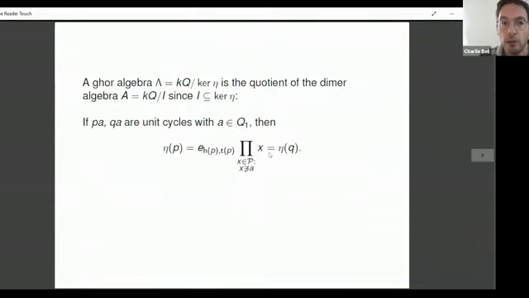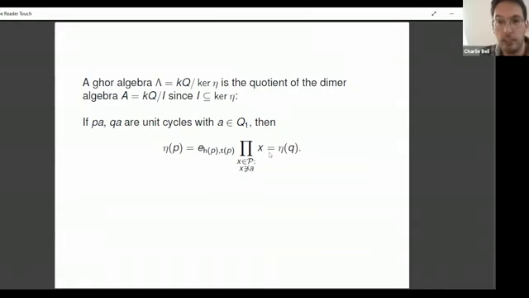A core algebra is then the quotient of a dimer algebra because the dimer algebra ideal, the ideal of relations for a dimer algebra, is contained in the kernel of eta. So to see this, you just take, if pA and qA are unit cycles with A an arrow, then eta of p will equal eta of q.